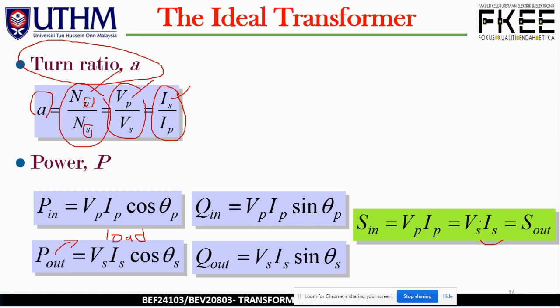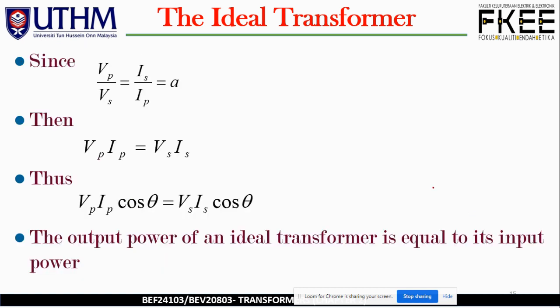Here, since we have seen this VP over VS relationship earlier, we rearrange, so we can say that VP IP equals VS IS, thus VP IP cos theta equals VS IS cos theta.